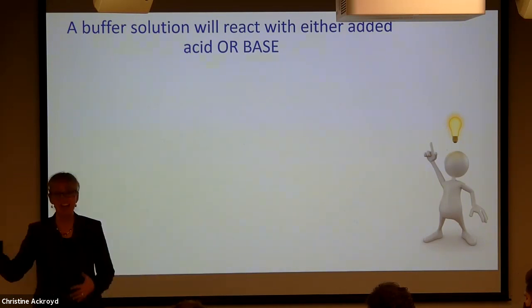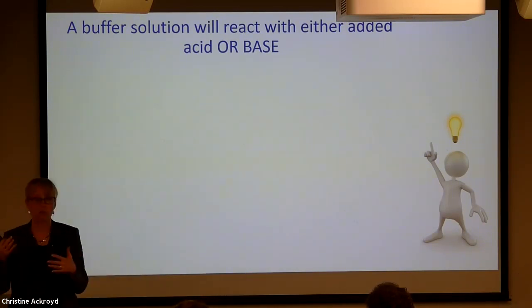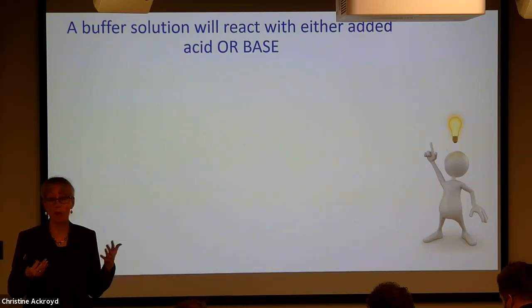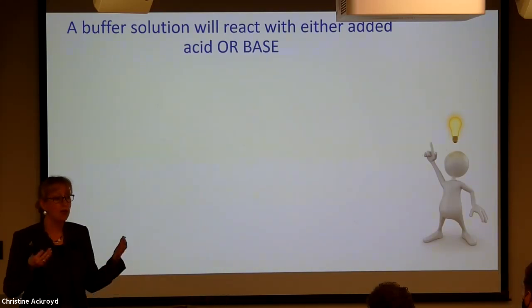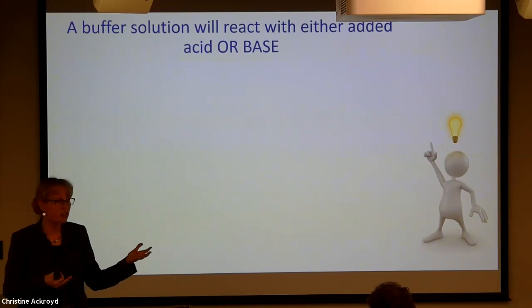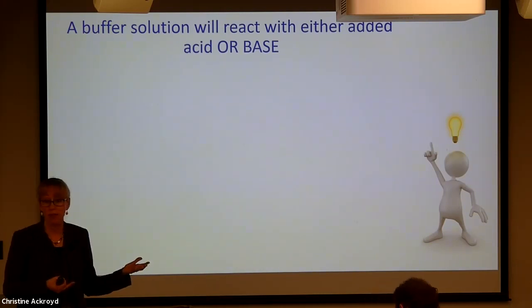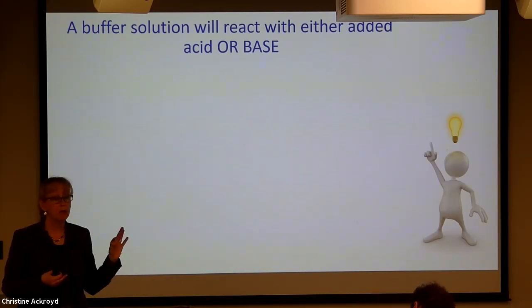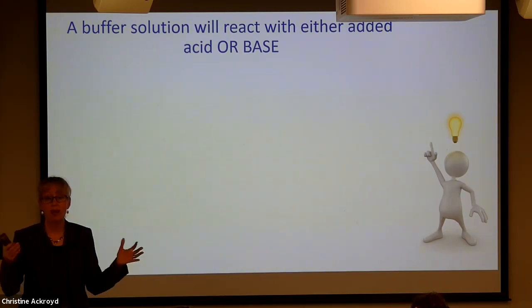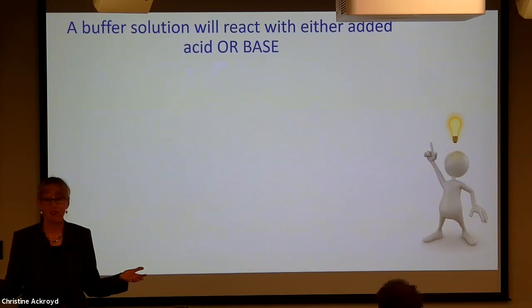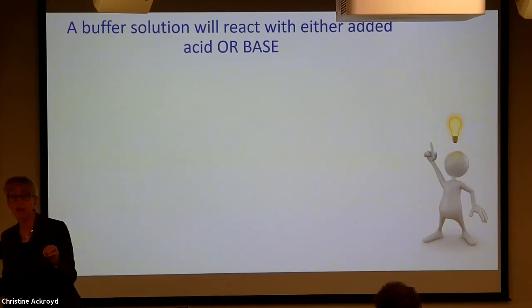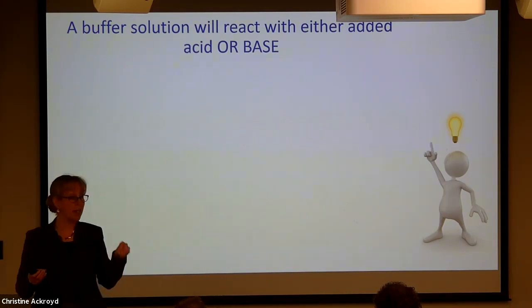Remember all those reactions and solutions that we've done where the acid or the base is going to react with water, right? And when it reacts with water, it produces either hydroxide or hydronium, right? When we produce hydroxide or hydronium, what happens to the pH? Changes dramatically, right?